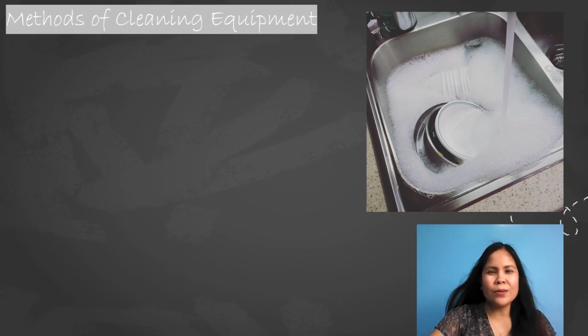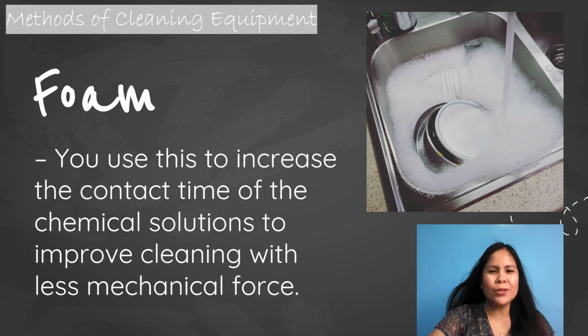We already know the different cleaning compounds that can be used in cleaning and sanitizing our kitchen tools and equipment. Now, let's move on to the different methods of cleaning equipment. First method is foam. You use this to increase the contact time of the chemical solutions to improve cleaning with less mechanical force.